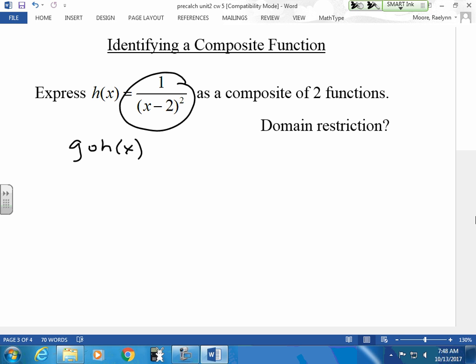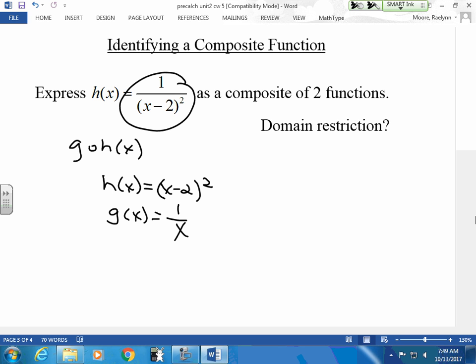Can you give me 2 sets of equations that will come up with that as a final answer? I want you to think backwards. Well, the first one would be equals So which one, g of x or h of x? h of x would be x minus 2 squared, and then the second one would be 1 over x.